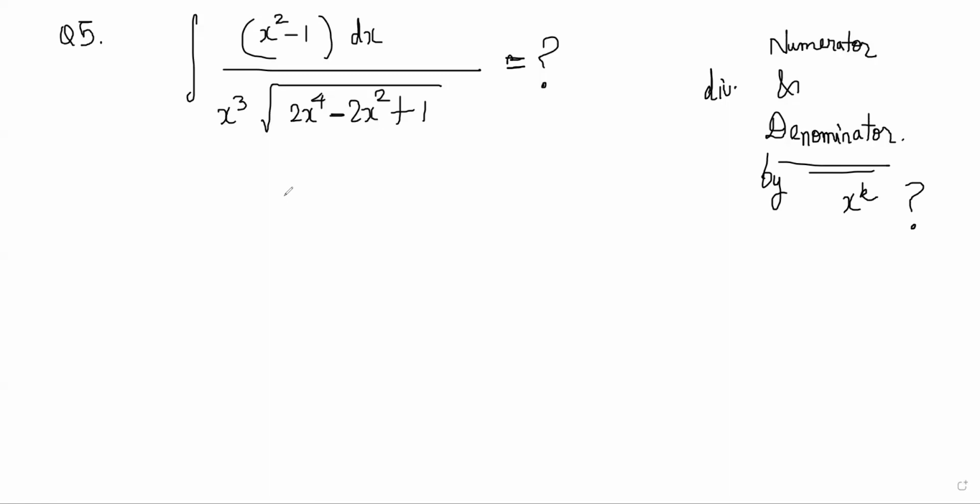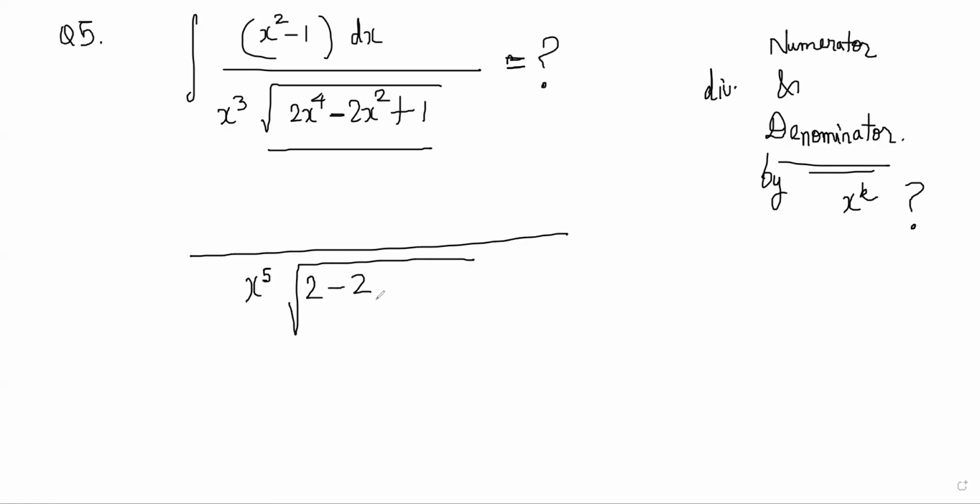Like that approach? What are you dividing this by? I basically, from inside the root, I pulled out x to the power 4. So you get x to the power 5 outside the root. And when you take it to the numerator, you get x to the power minus 3 minus x to the power minus 5. Why should you take x to the power 5 and not something else?